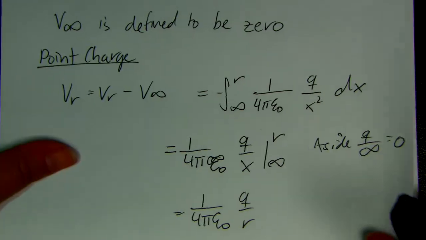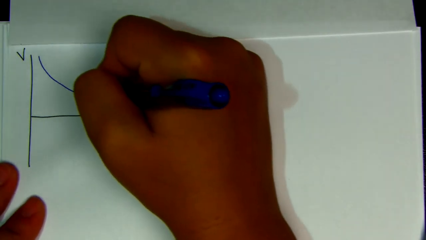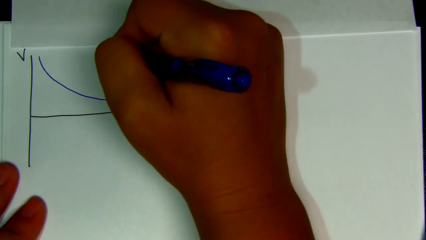So we can graph our potential, so keeping this in mind. All right. So if we graphed the potential V versus R, we would see for positive, it looks like this.